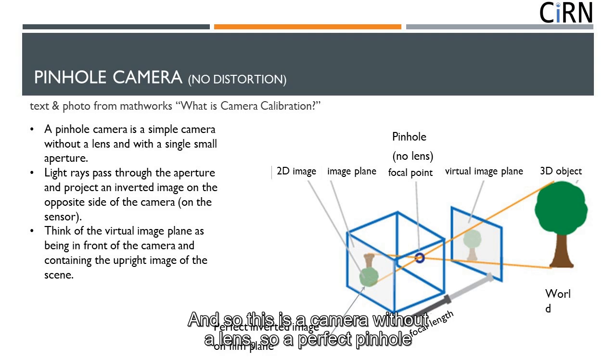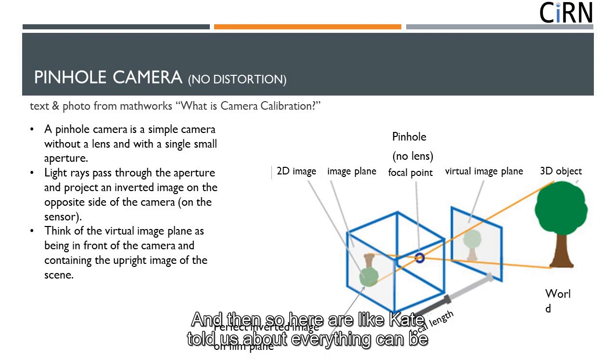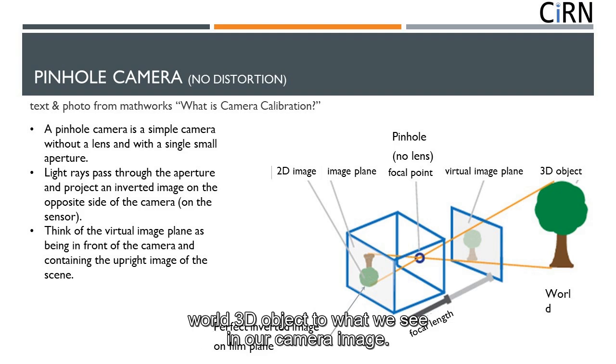And so this is a camera without a lens, so a perfect pinhole camera concept. And so, yeah, the light rays pass through that onto the image plane. And then, so here are, like Kate told us about, everything can be represented by similar triangles and nice, easy math relating the world 3D object to what we see in our camera image.